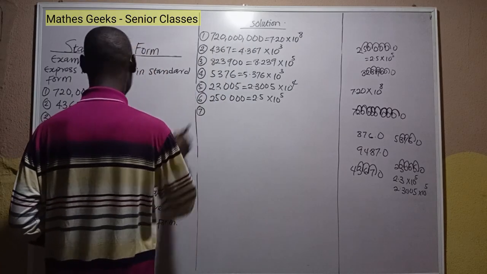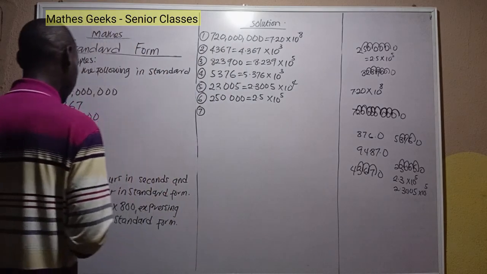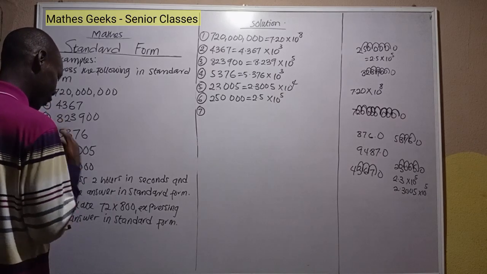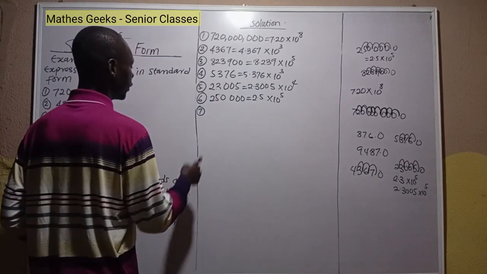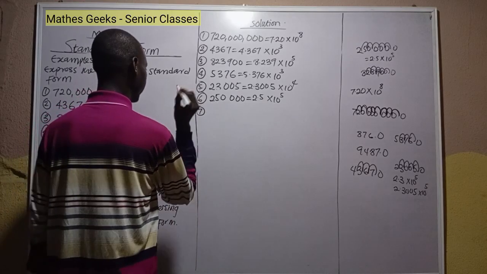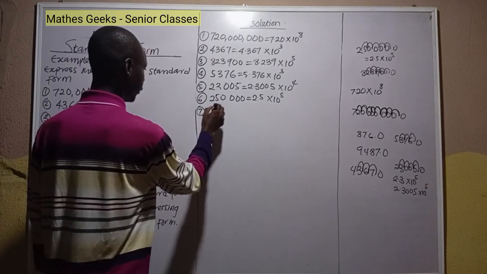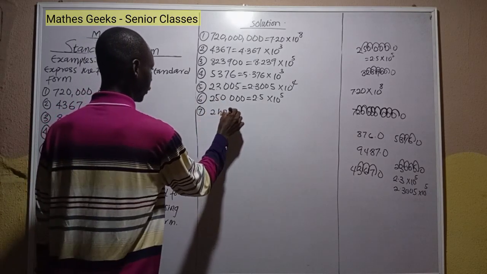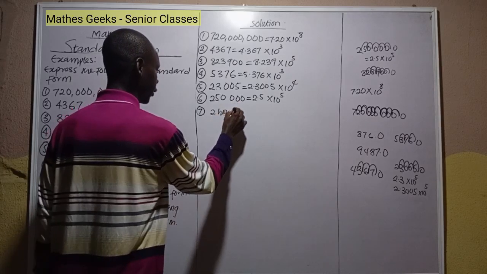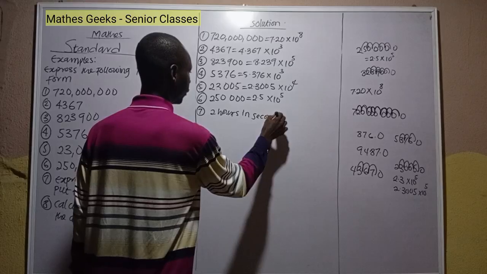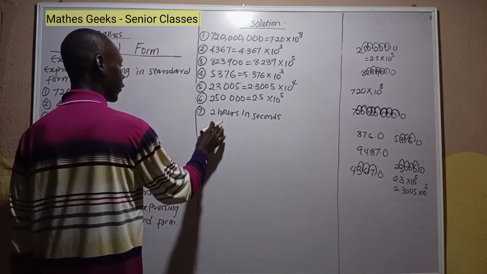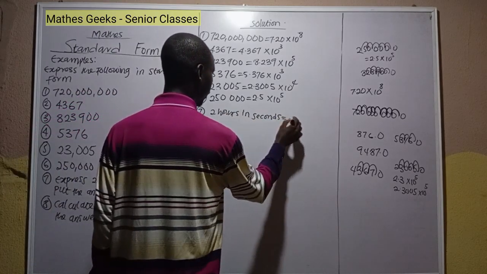Number 7. Express 2 hours in seconds and put the answer in standard form. Well, 2 hours in seconds means to find the equivalent of 2 hours in seconds.